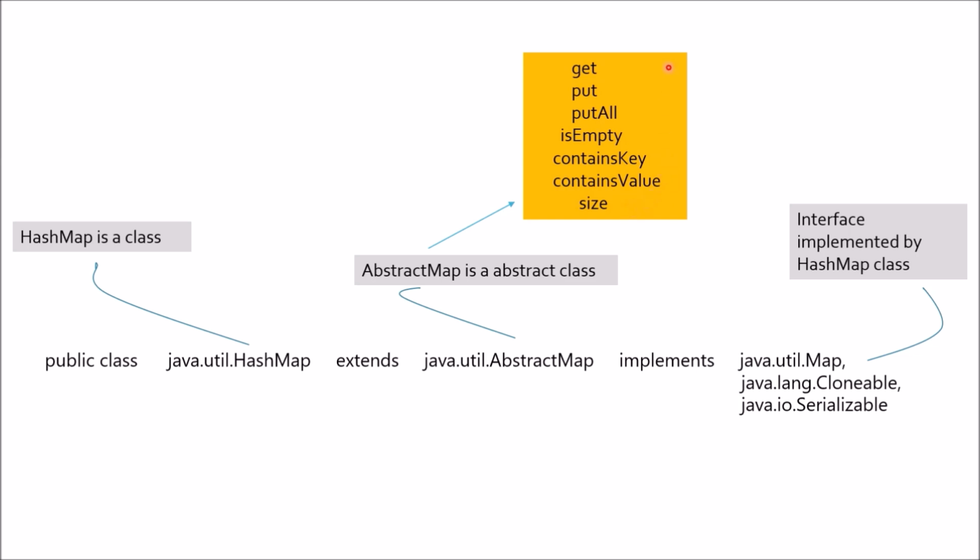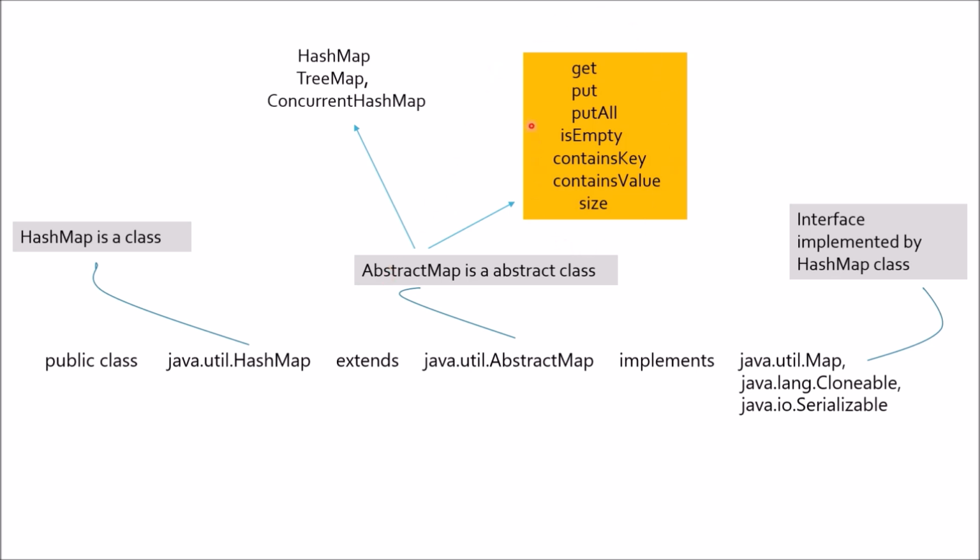These methods are not provided by HashMap itself, but actually by the AbstractMap class. AbstractMap is an abstract class, so all the common methods Java programmers have put in an abstract class, and this abstract class is extended not only by HashMap, but also by TreeMap and ConcurrentHashMap. Now you can see the concept of abstract class.